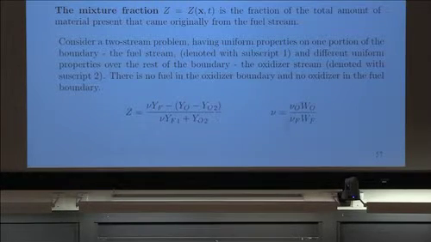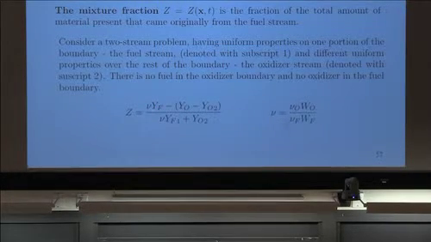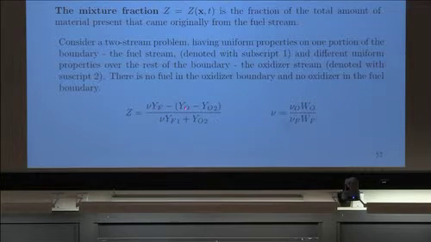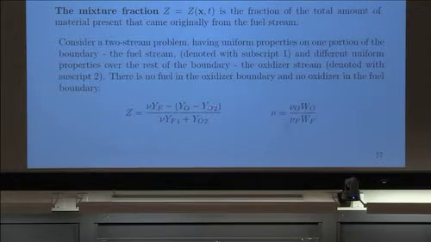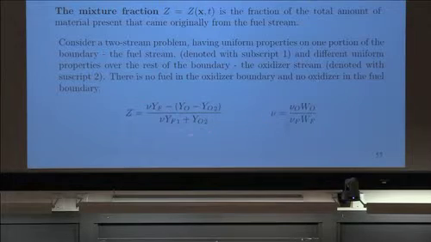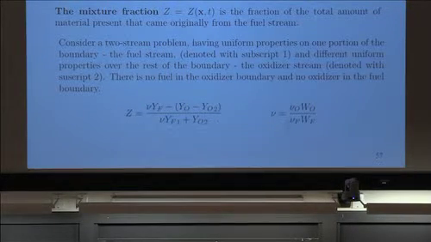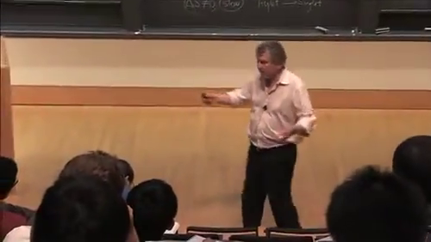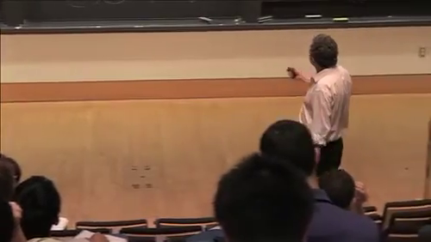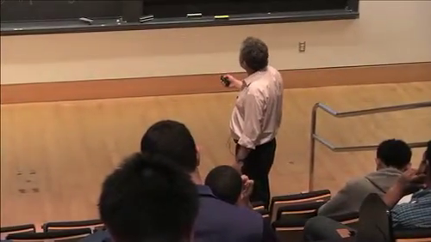And on the oxidizer side, there is no fuel, so this is 0, YO is equal exactly to YO2, and so Z equals 0. So the mixture fraction is usually defined such that it's 1 on the fuel side, 0 on the oxidizer side. That is the definition, and that follows what you had before.